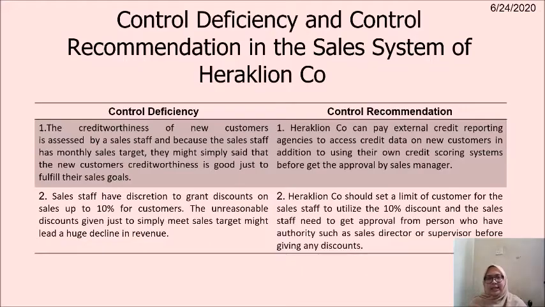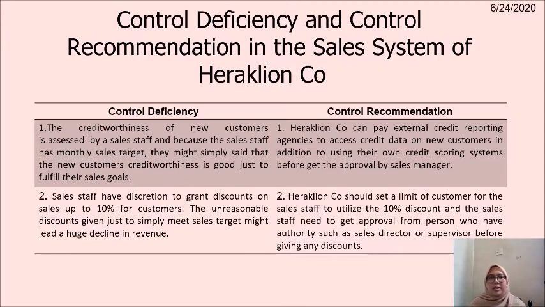Next, we move on to the second question of our case, which is control deficiency and control recommendation in the sales system of Heraklion. So the first control deficiency is that the creditworthiness of new customers is assessed by the sales staff. And because the sales staff have their own monthly sales targets, they might simply say that the customer has good creditworthiness because they want to fulfill their sales goals.